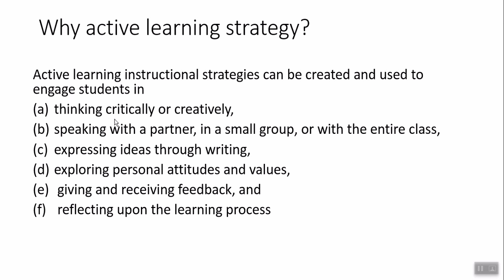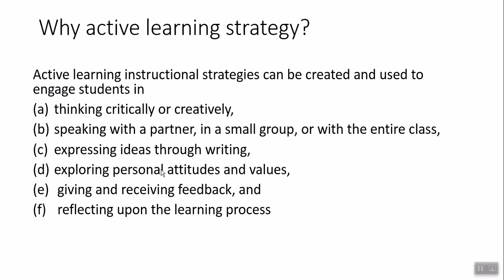Every active learning strategy must allow the students to think critically or creatively, must allow the students to speak with partners in small groups and to the entire group, and must give an opportunity to express their ideas through writing and explore their personal attitudes and values. There should be some people who challenge their values, and they should be able to accept that.